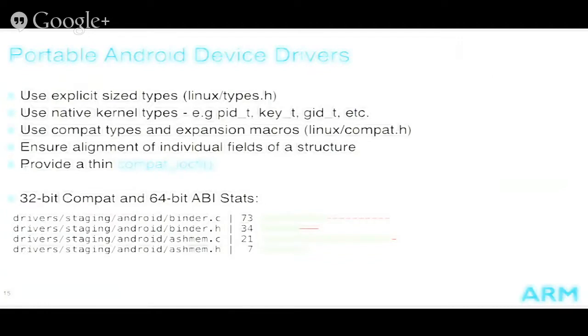Where you don't want that, you can easily specify the alignment with a toolchain directive. And provide a thin compat layer for your 32-bit user space. If you click that link on my PDF version of the slides, it will take you to what I think is a really good example of the compat layer. It's what we implemented in Ashmem.